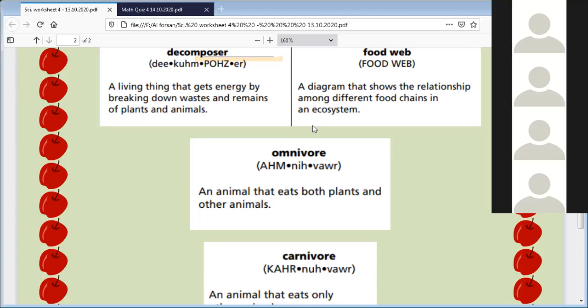Again, please. The figure that shows a relationship among the different food chains in an ecosystem. Okay.